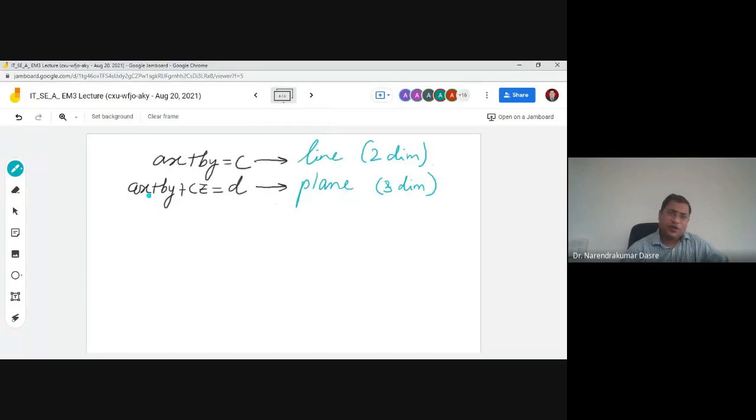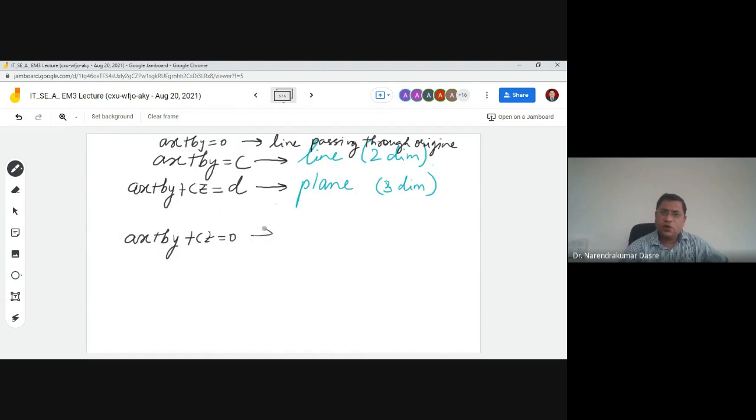And if I put d equal to 0, then ax plus by equal to 0 is a line passing through the origin, and hence ax plus by plus cz equal to 0 is a plane passing through the origin.